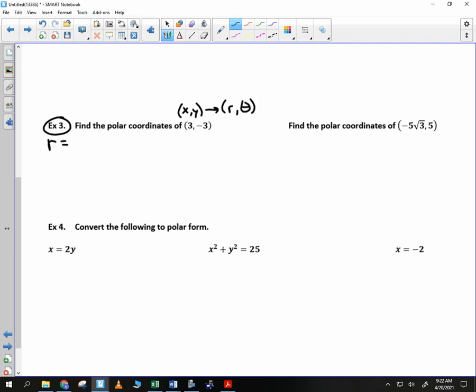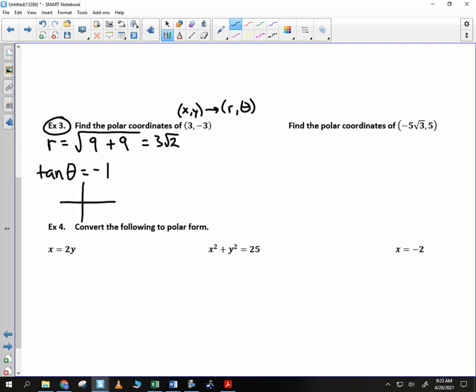So r is equal to the square root of what? x squared plus y squared, which would be 9 plus 9, or the square root of 18, which is 3 roots of 2. Now I solve tangent of theta is equal to what over what? What is negative 3 over 3? Negative 1.